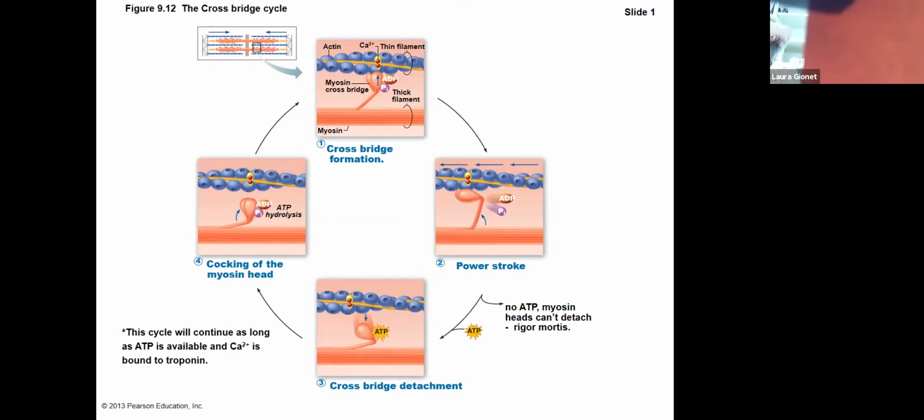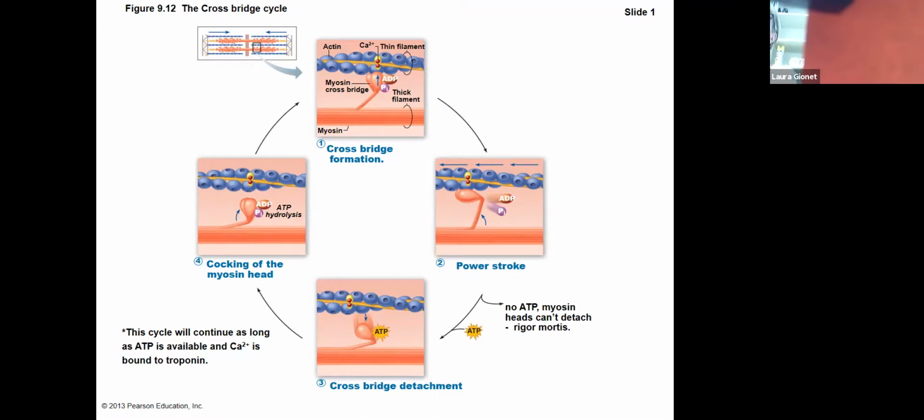Now, as long as you're liberating acetylcholine, and it's binding to receptors on the surface of the cell, and we have impulses still traveling down the transverse tubules, stimulating the calcium to keep being released, you're going to get this contraction going on until either you run out of calcium or you run out of ATP, and that can happen. That's extreme fatigue.